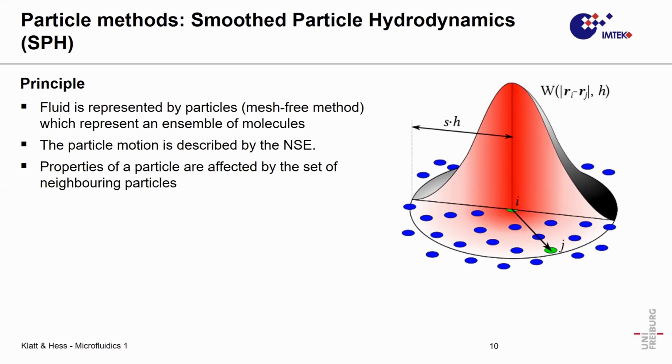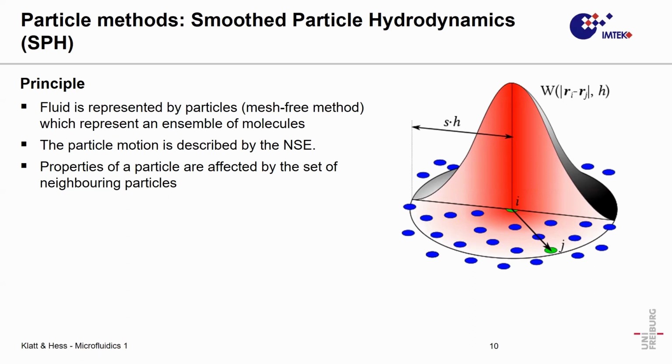So this approach here is no molecular dynamics approach. It's more a computational fluid dynamic approach, but it also is based on the individual particle motion. And the motion of those individual particles is still described by the Navier-Stokes equation. And each particle is now influenced by a set of neighboring particles.